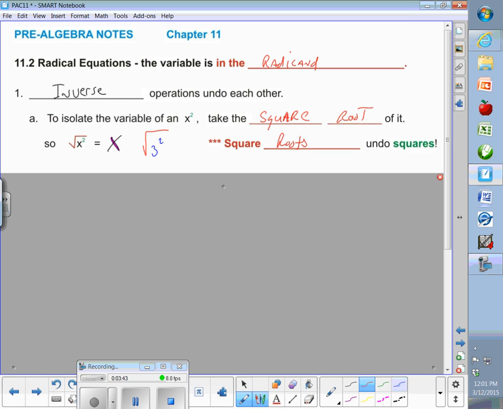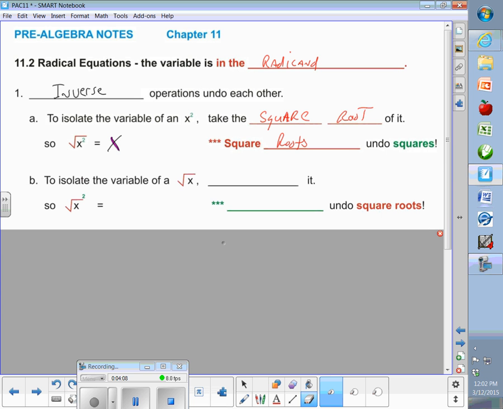Well, what is 3 squared? What's the square root of 9? Didn't it get us to the 3? It did, because square roots undo squares. They undo each other, and what you're left with is whatever it was that was squared. Square roots undo squares every time.